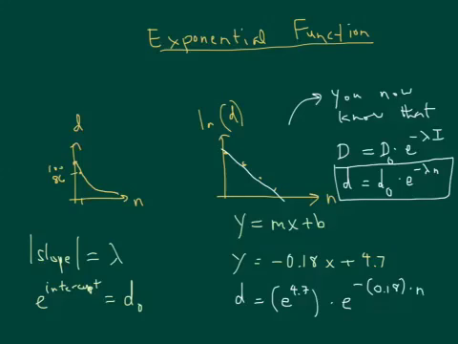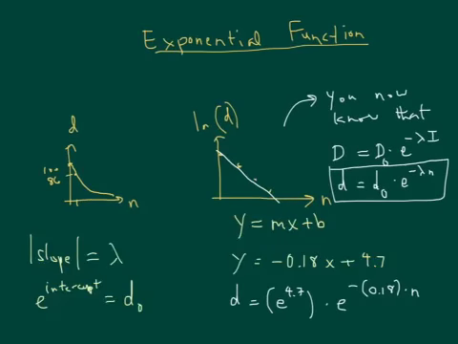And I can simplify, and I can erase e to the 4.7. What do I get when I calculate e to the 4.7? So let's erase e to the 4.7, and I'm going to replace it with the value that I get, which is about 110.